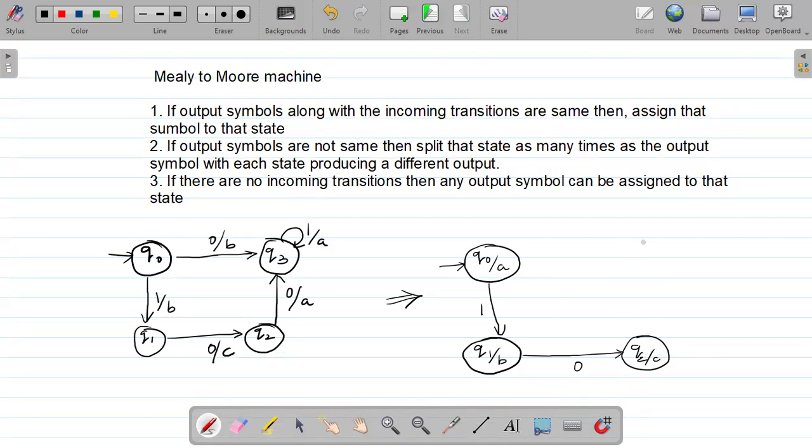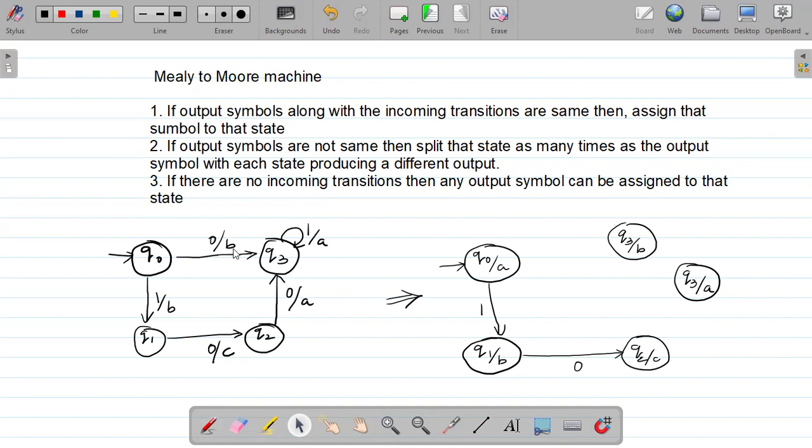Now Q3 has two different symbols, so we will have to split Q3 into two: Q3B and Q3A. Why is this required? Because in the diagram there are three incoming transitions into Q3. Two of them give A as the output and one gives B as the output.